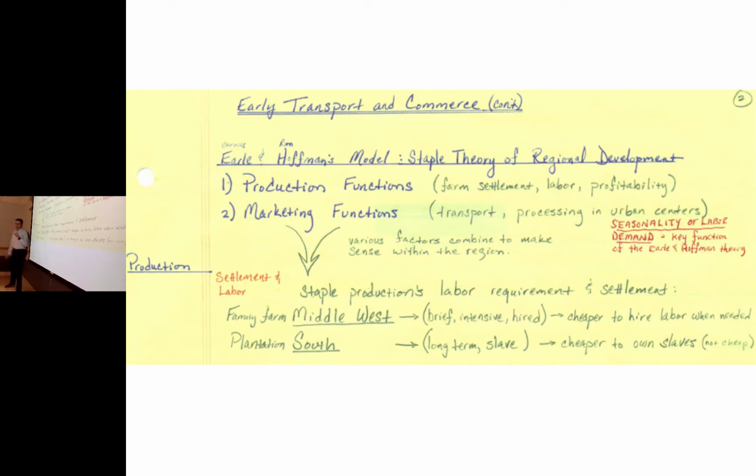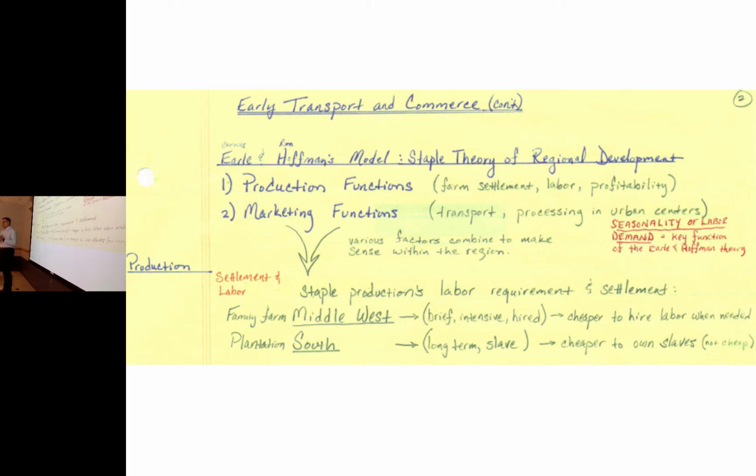Let's take a quick side note. Something that we'll see over and over again. The profitability of producing an agricultural commodity can actually become very, very high in certain specific areas. There are certain areas that become fantastically productive for one reason or another.